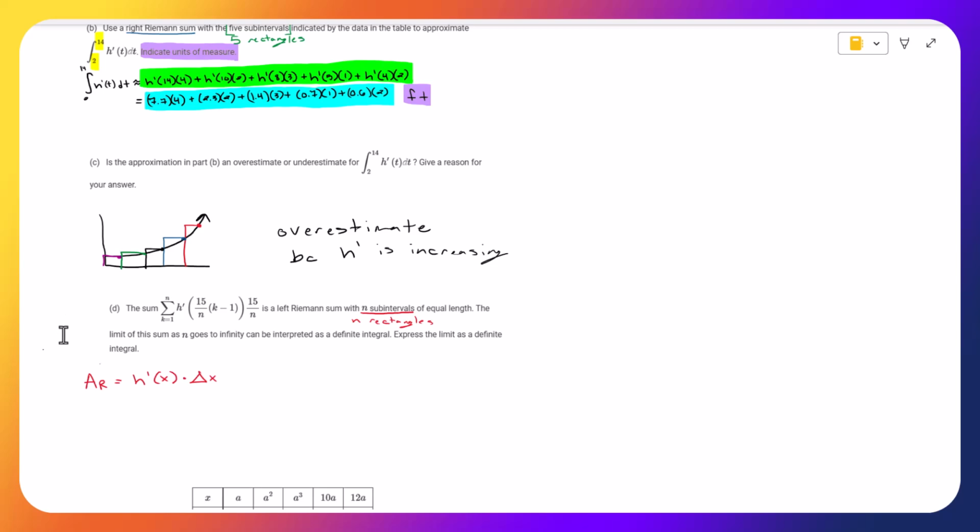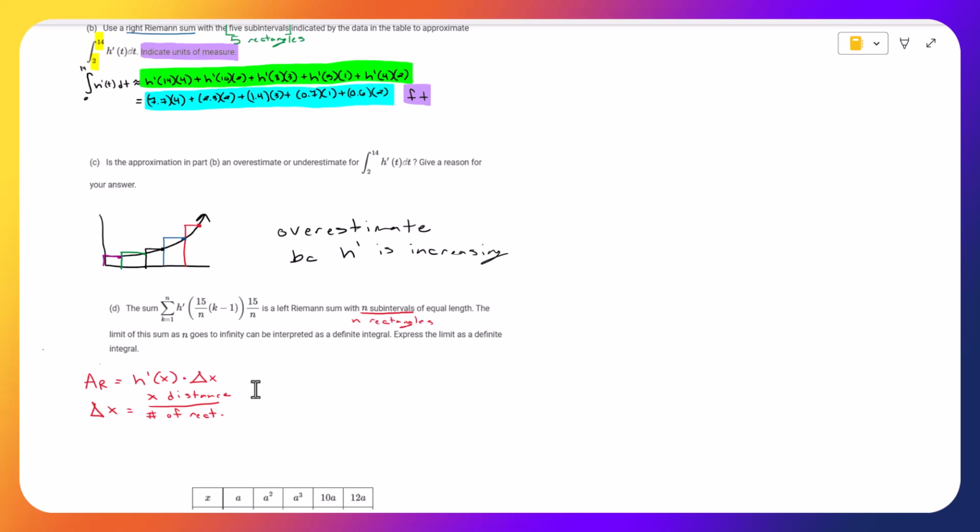And so I want to connect this to what we have here. So we have our h prime of this something, and then delta x, which, reminder, delta x equals x distance divided by number of rectangles if we have equal subintervals, which we do because it says subintervals of equal length. So we have n rectangles. What is our distance? Well, our x distance is 15.